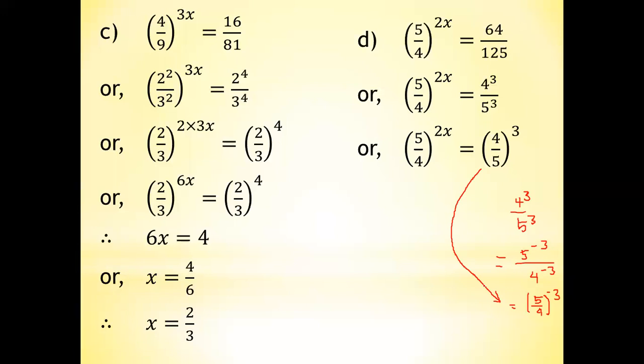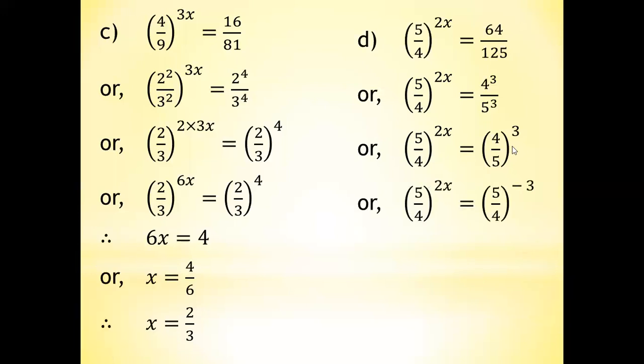By following the same idea, now we can write the left hand side as it is. On the right hand side, in place of 4 by 5, I have written 5 by 4, and in place of plus 3, I have written minus 3.